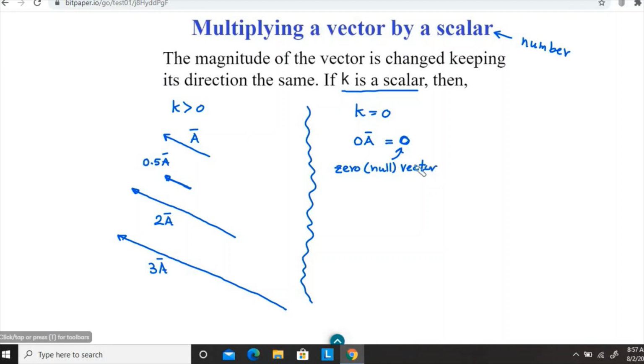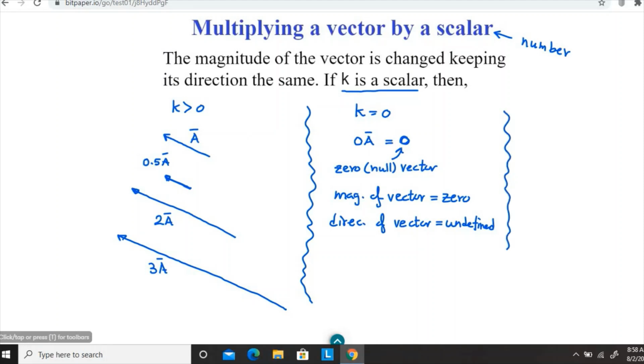In this case, the magnitude of the vector is 0. The direction of the vector is undefined. It's not defined. So this is a special type of vector, what we call the 0 vector. So that happens when the scalar is 0.